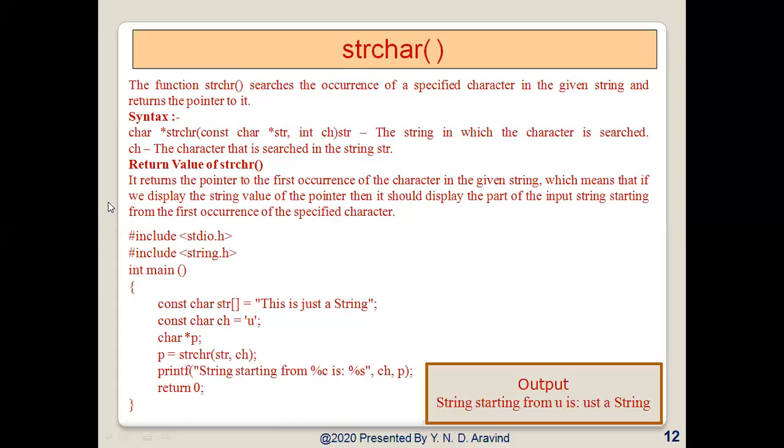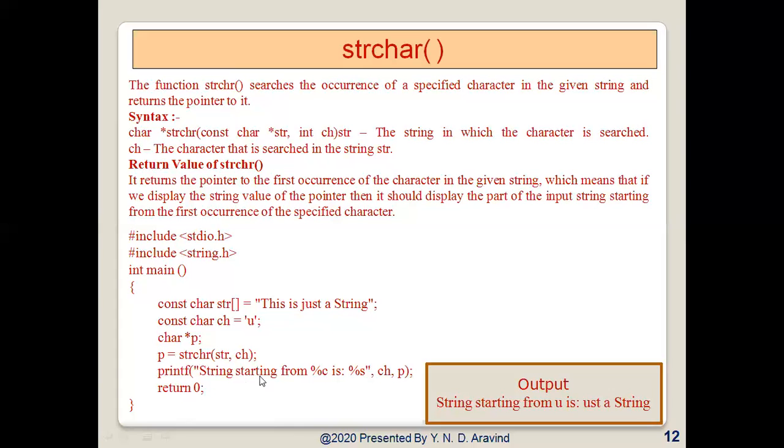The string in which the character is searched will start from that particular point. See here, for example, I have taken a string: this is just a string. In this, I am searching for the character u. Where is u? u is here. After u, what is the value? It is st string.